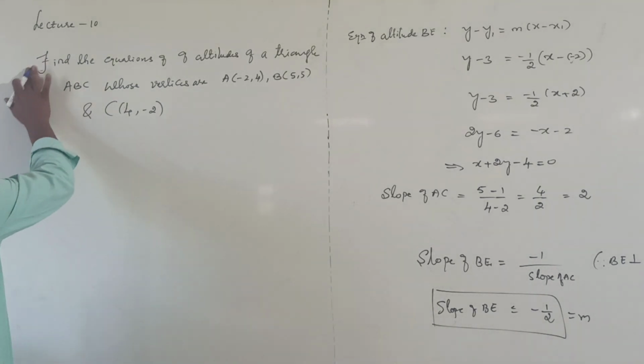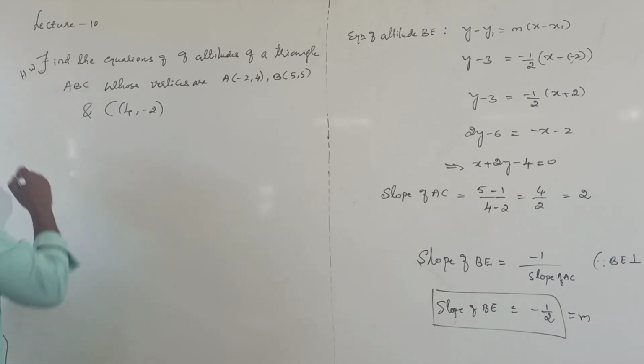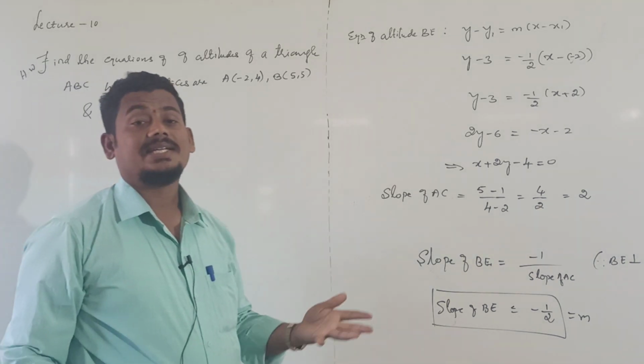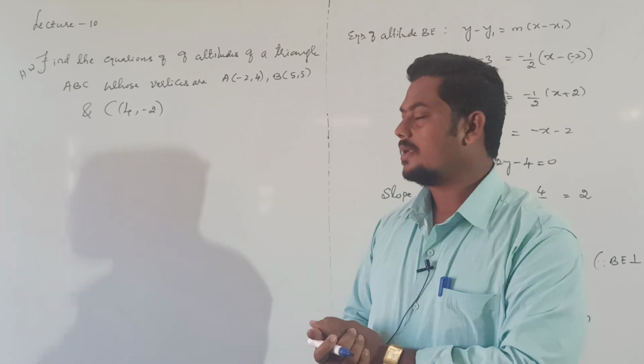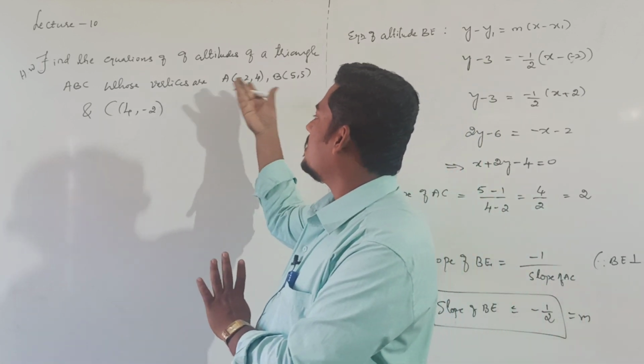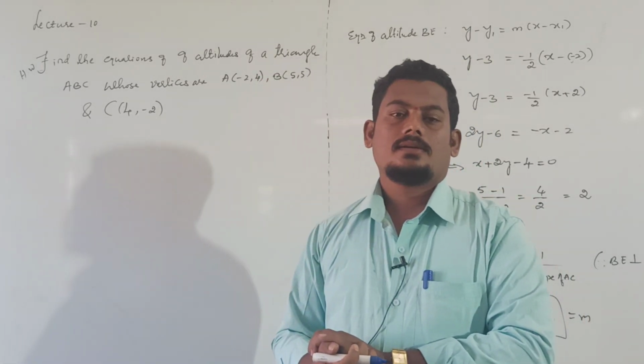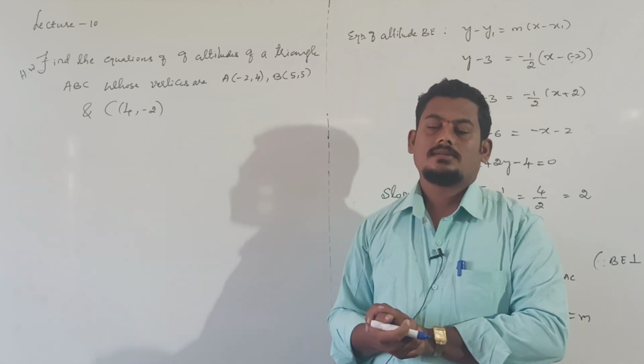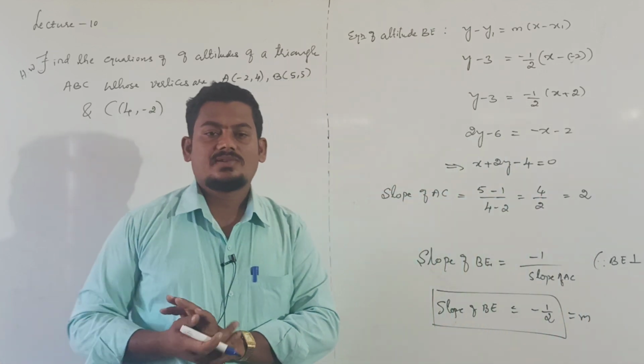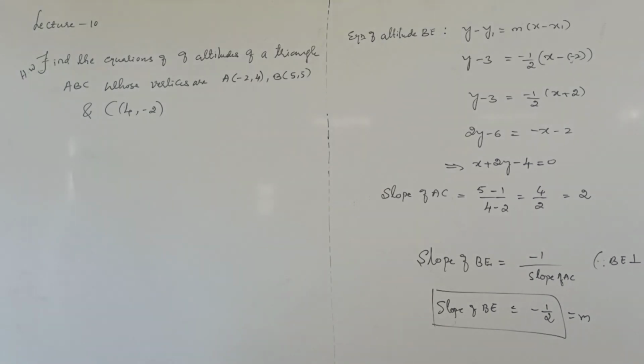Just take this as homework, right? Find the equations of altitudes of a triangle ABC whose vertices they have given. Equations of altitudes of the triangle. Thank you.